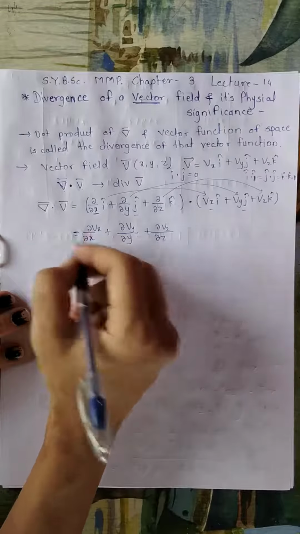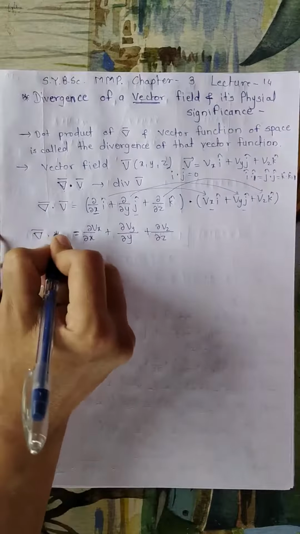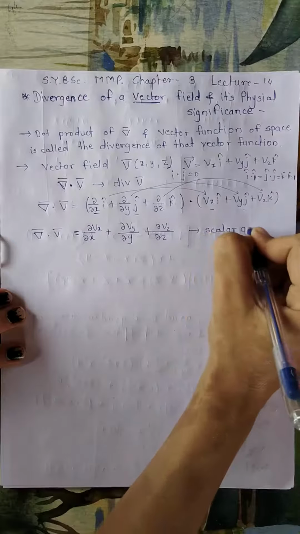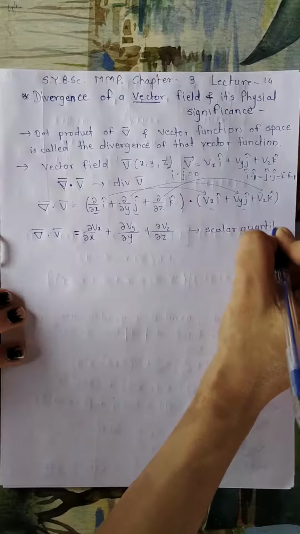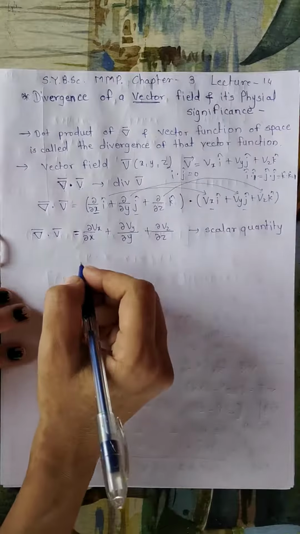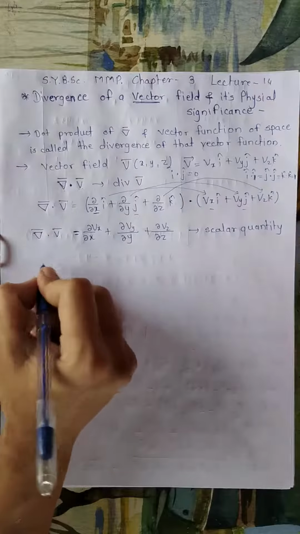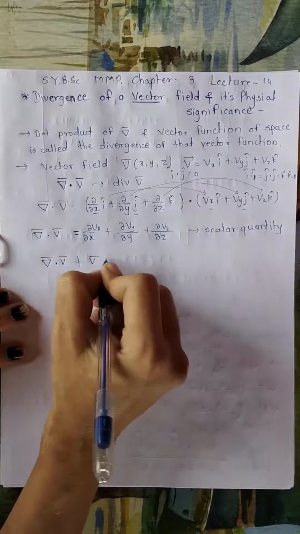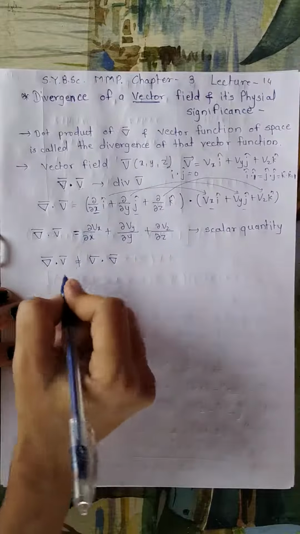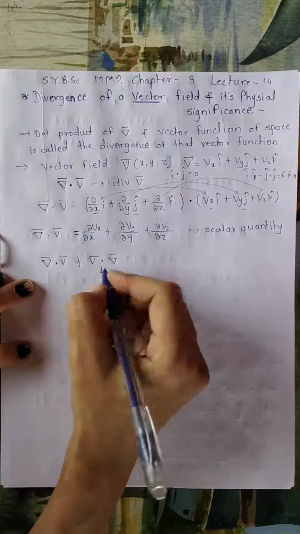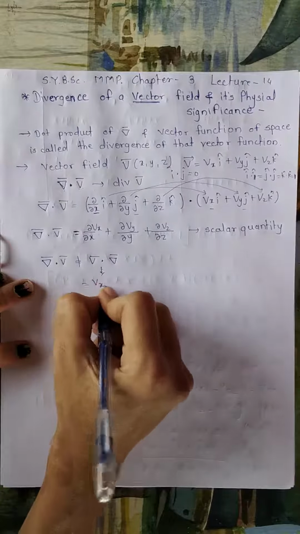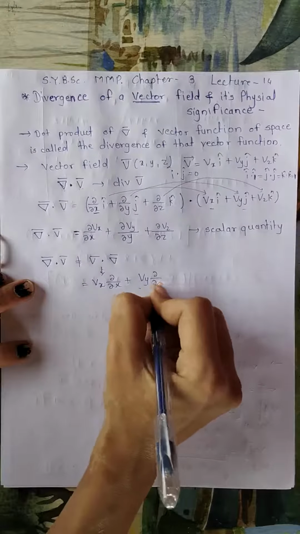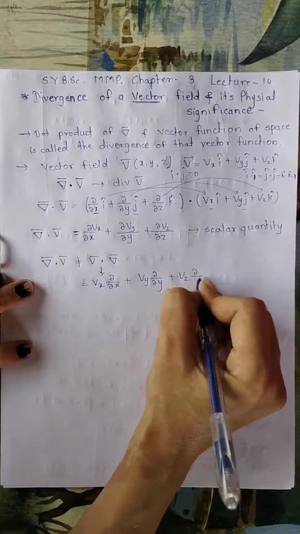If you observe this quantity del bar dot v bar, it is nothing but a scalar quantity. So we can say that the divergence of a vector quantity is a scalar quantity. You should note that del dot v bar is not equal to v bar dot del bar, because v bar dot del bar is itself an operator, since it is written as vx dou by dou x plus vy dou by dou y plus vz dou by dou z.